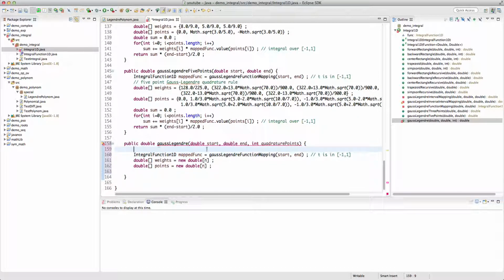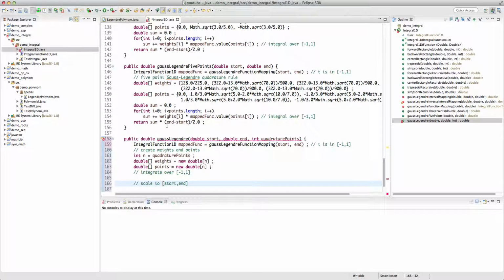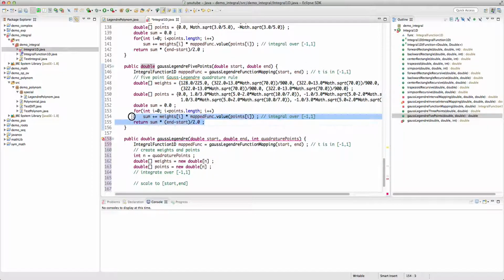And I'm going to also put this here and create weights and points, and then integrate over -1 to 1, and then scale to interval start end, and the way we scale it is with end minus start over 2.